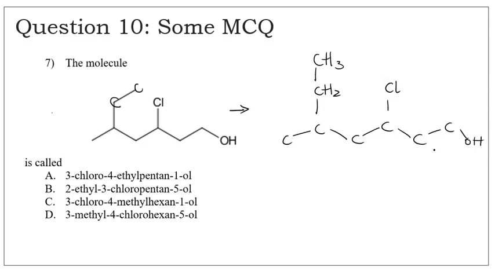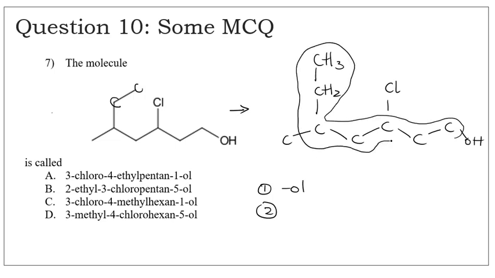I'm just going to name it now. It is an alcohol, longest chain, 1, 2, 3, 4, 5, 6, 7. I have a lot of issue with this question. Is this question wrong? This should be the longest chain. 1, 2, 3, 4, 5, 6, 7.